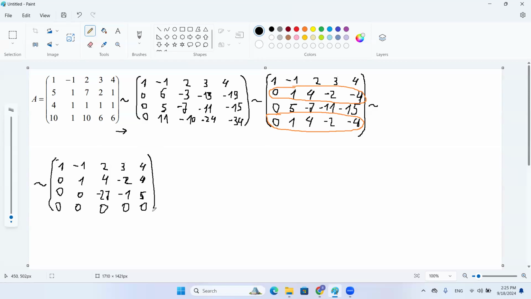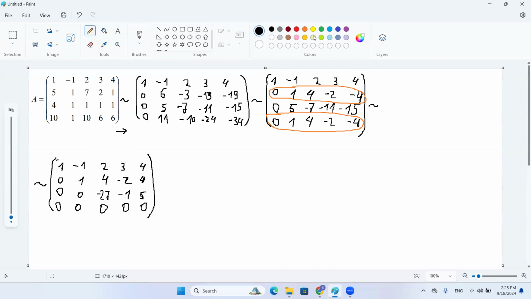So we have a matrix of this form. What can be the maximum rank here? The maximum rank is the number of non-zero rows, so it can be 3.